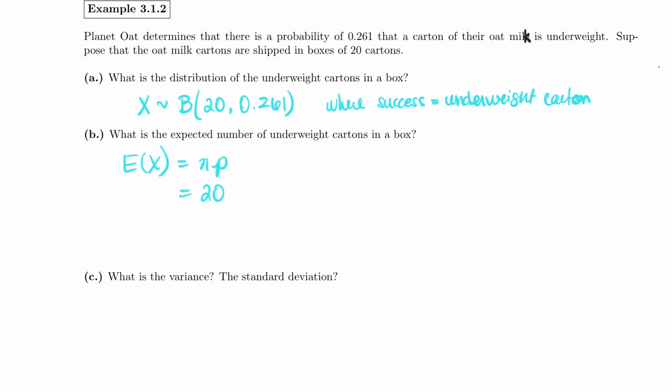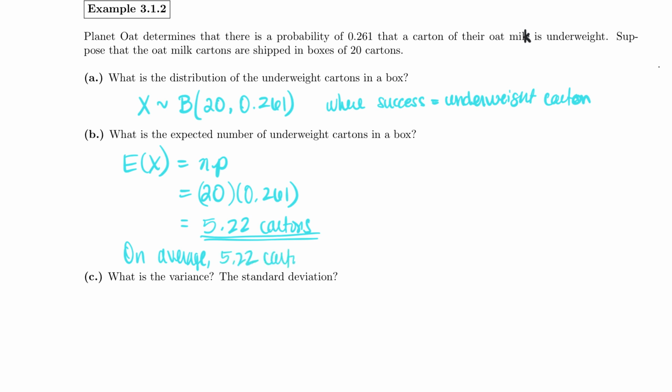So in our case, that is 20 trials times our 0.261, our probability of success. So we end up with 5.22 cartons. So what does that mean? That on average, 5.22 cartons of the 20 cartons in a box will be underweight.